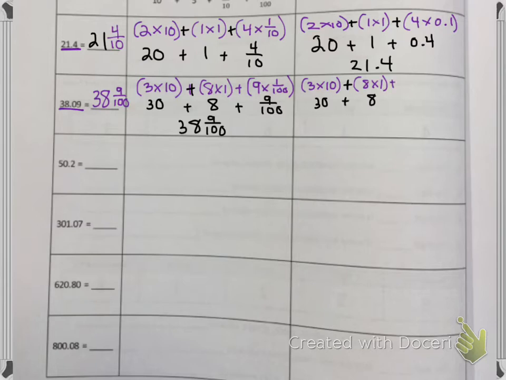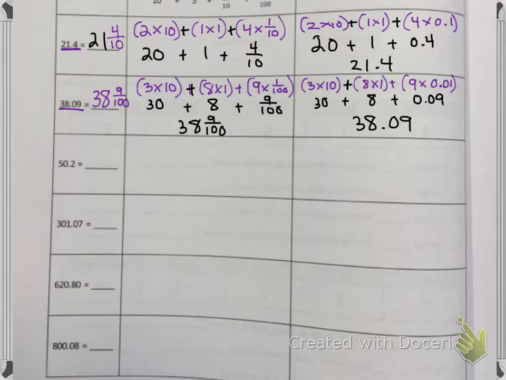And then our decimal is going to be 9 times 0 and 1/100ths. So added, multiplied, it's going to equal 9 hundredths. When we add all these together, it's going to be 38 and 9 hundredths.